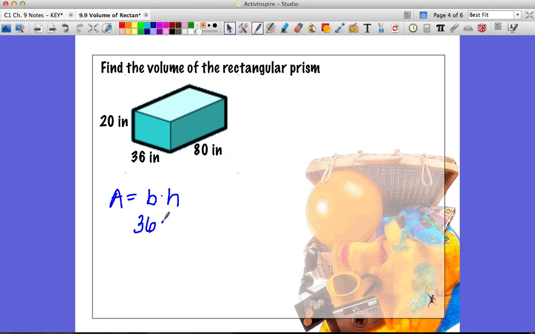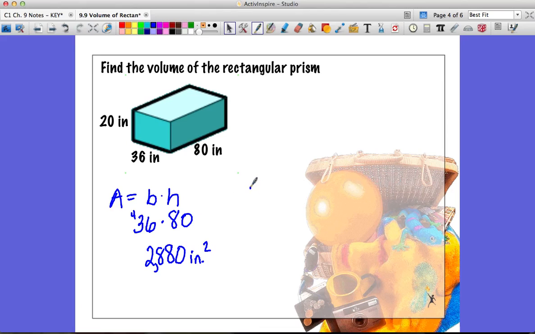So 36 times 80, 8 times 6 gives me 48, carry the 4, 3 times 8 gives me 24, so my area is 2,880 square inches, okay, because it's flat right now, we don't have any height to it.